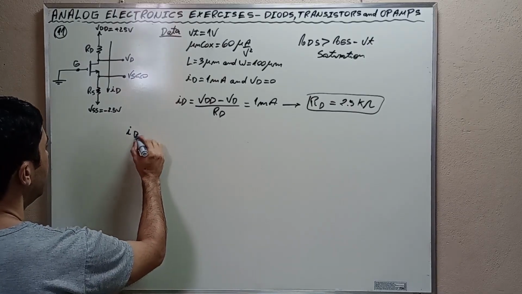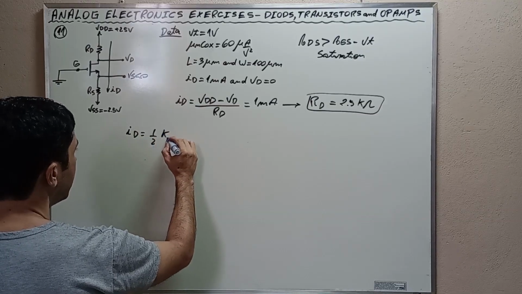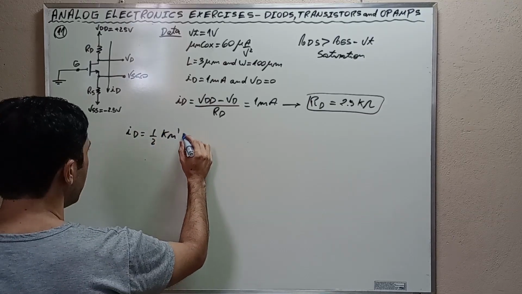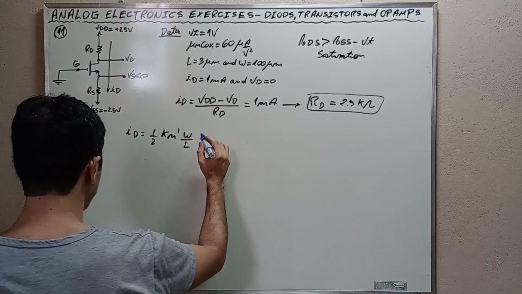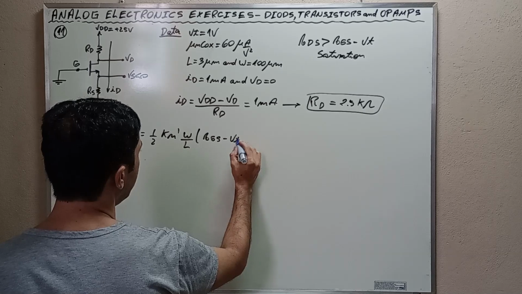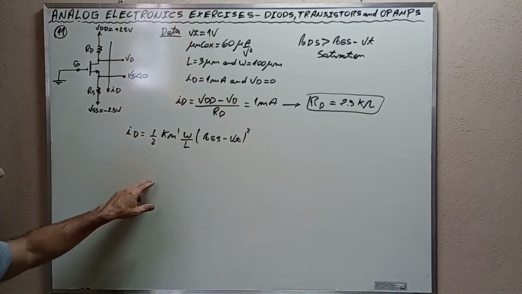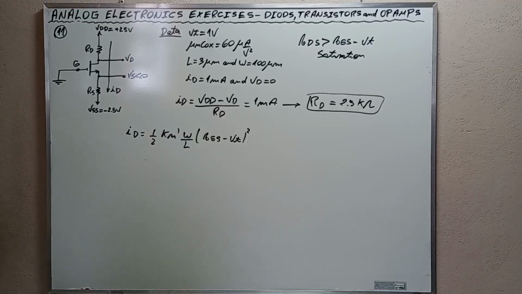ID is equal to a half of Kn prime W over L times VGS minus VT squared. Okay, for saturation, this is the expression that we use for the current.